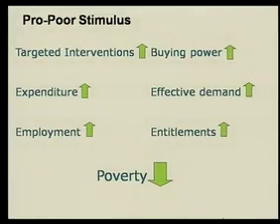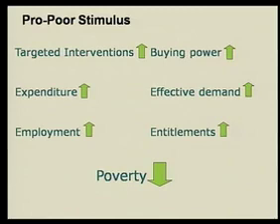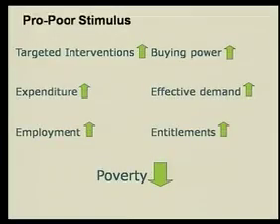Your buying power increases. When you spend that to buy something, in economics a thing occurs which is known as effective demand. A demand in the society for particular goods and services increases. Like for instance, what is produced in the area, now people can buy because they have money to buy. That creates employment, that creates entitlement, and as a result, poverty in the entire area gets reduced. And that is the pro-poor mechanism.